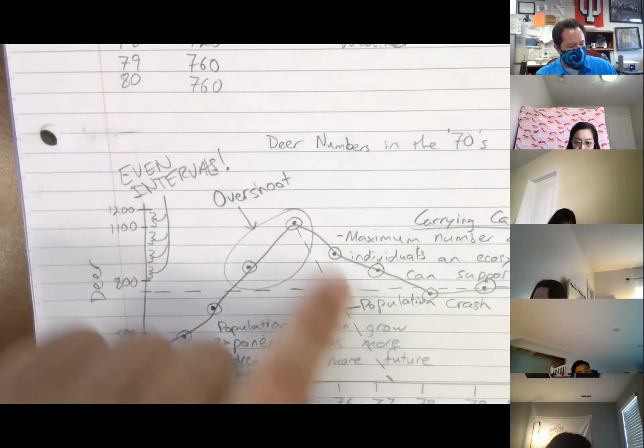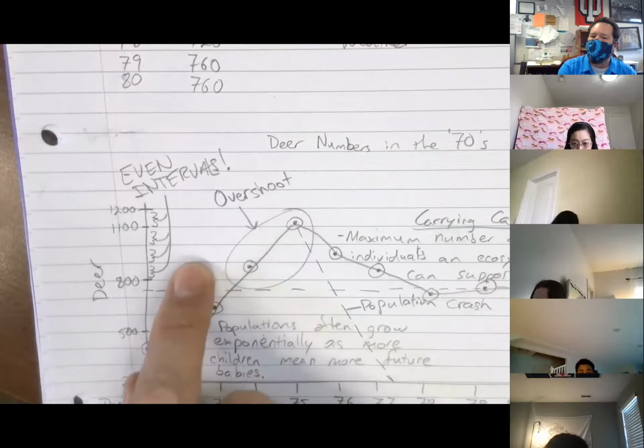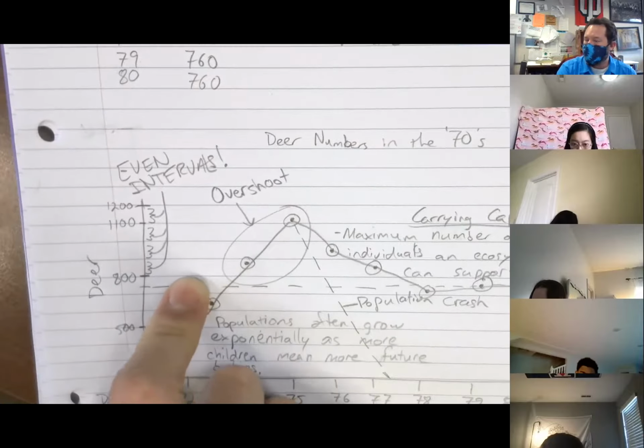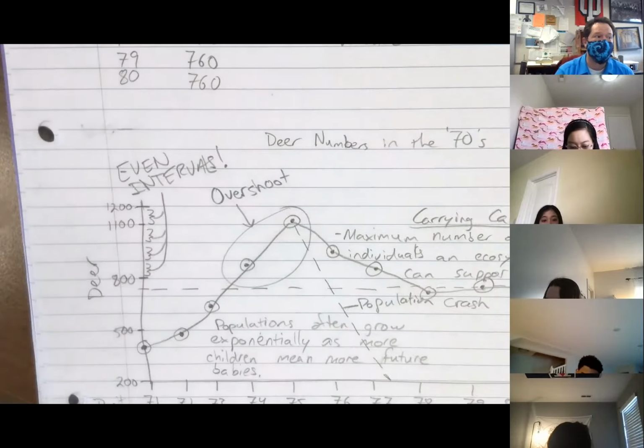The reason why this can happen is that you get so far above the carrying capacity, or you're above it for so long, that you degrade the ecosystem. You can no longer get out of it what you expected to get out of it.